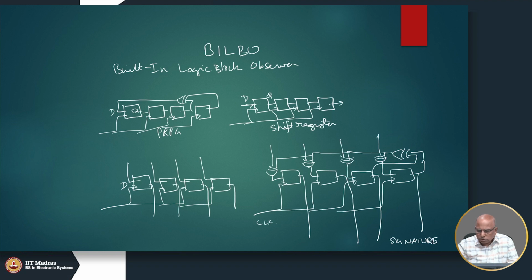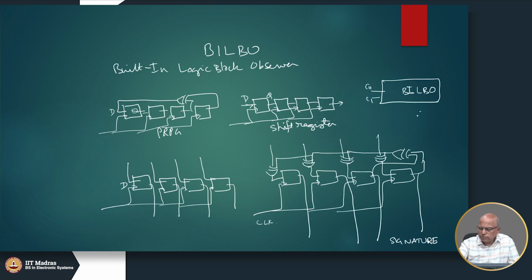Okay. So what one could do is build a single circuit called a BILBO with two control inputs, C0 and C1.